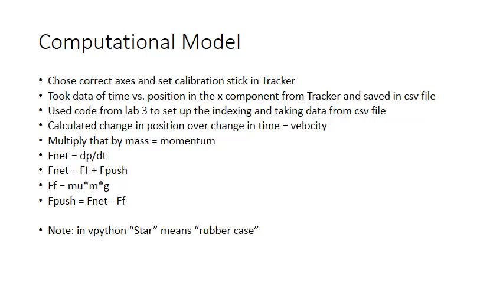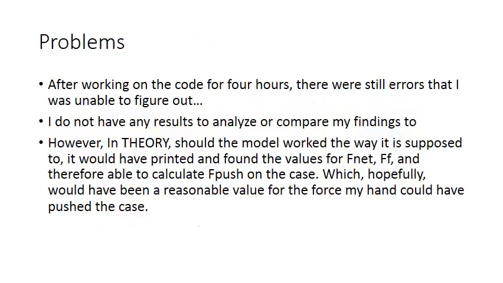This then calculated the change in position over change in time to equal velocity, and if you multiply that by the mass, it equals momentum, and then F net equals the change in momentum over change in time. F net also equals the force of friction plus the force of the push, and we already know what F net and the force of friction are, and so therefore we'll be able to calculate that the force of the push is equal to the net force on the object minus the force of friction.